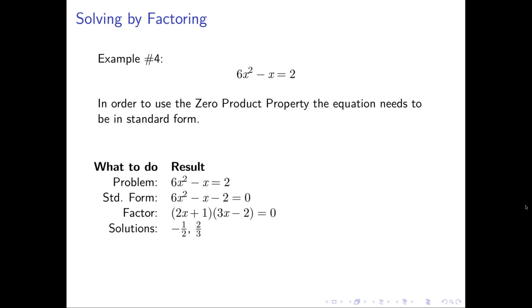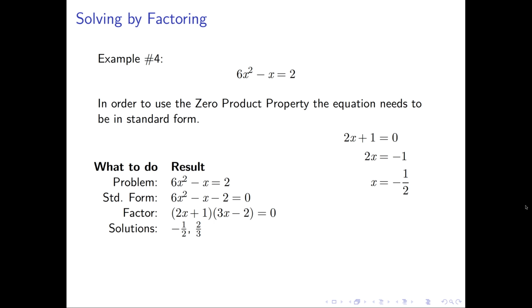Now, if it's a little bit hard for you to see that those are the solutions, here's how you can approach that. You need to find first a value of x that makes 2x plus 1 equal 0. Well, we can write an equation for that: 2x plus 1 equals 0. And if you solve the equation, it's pretty simple to solve. You can find that x equals negative 1/2.